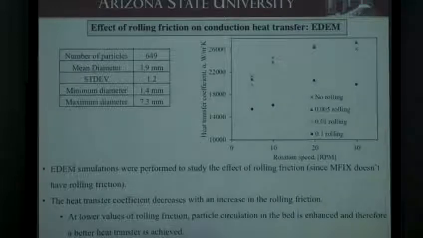What we found is that the heat transfer coefficient decreases when you increase the rolling friction, which makes sense because when you have low values of rolling friction, you have better particle circulation in the bed. We found this effect to be significant above 0.01, so somewhere between 0.01 and 0.1, there seems to be a big effect.